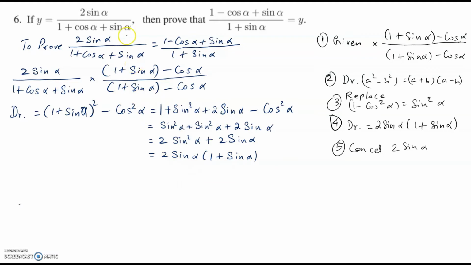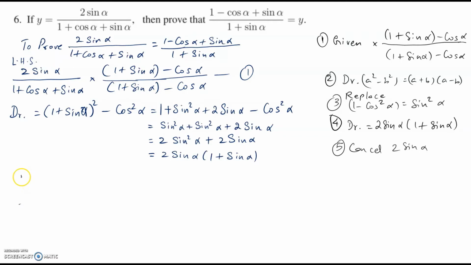Now let's go to the given, what we have to prove. So from equation 1, substituting the denominator onto that, we can call this as our LHS.